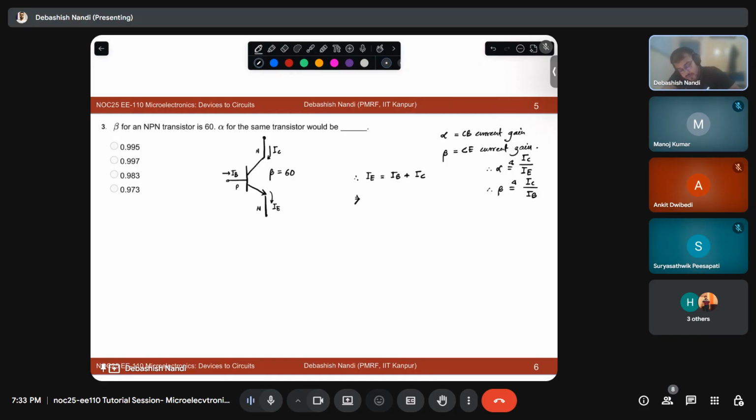Now if I divide everything by IC, what will I have? This is nothing but 1 over alpha. This is nothing but 1 over beta. So what is my alpha in terms of beta? It is nothing but beta over beta plus 1.